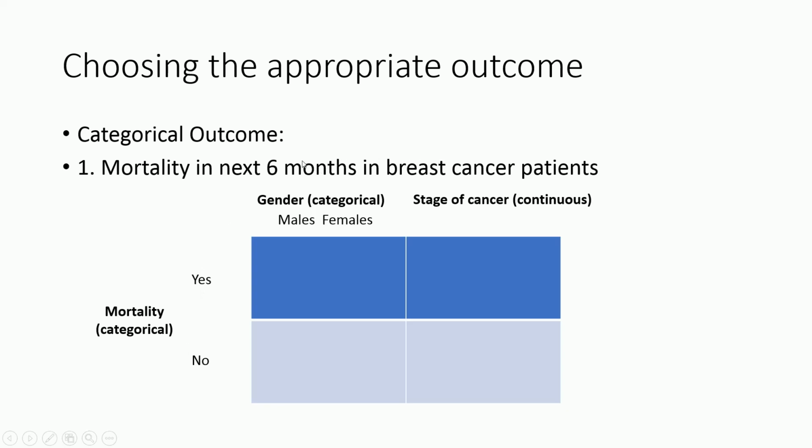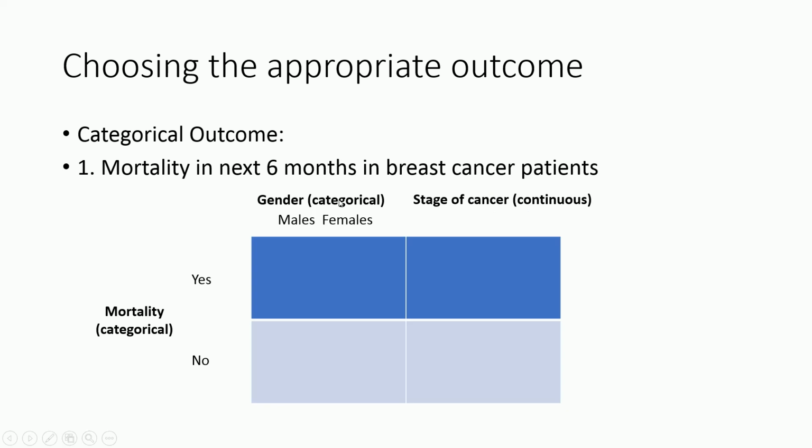This study has all the patients who had breast cancer, and they can be males or females, so on the x-axis we've got two variables, gender and stage of cancer. Now, gender is a categorical variable, while cancer staging is a continuous one. It can be an ordinal one, but for the sake of understanding, I've made it continuous in this example.